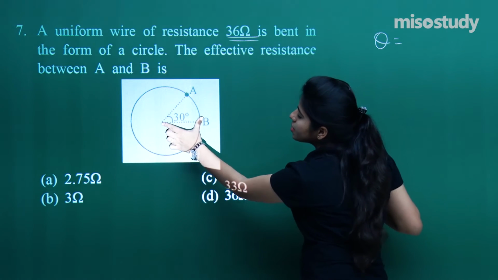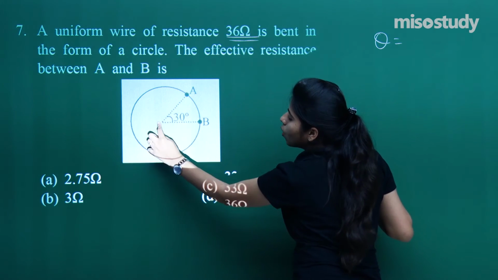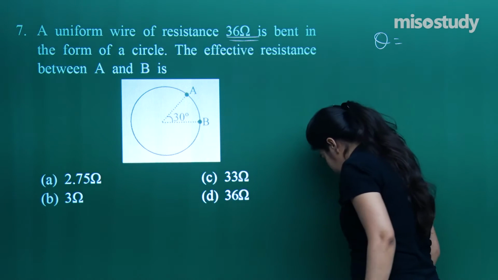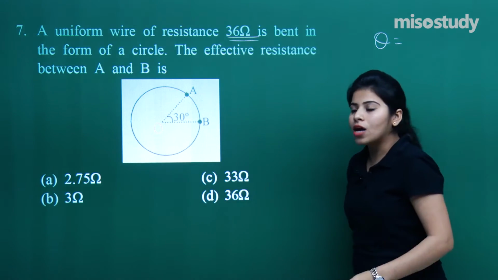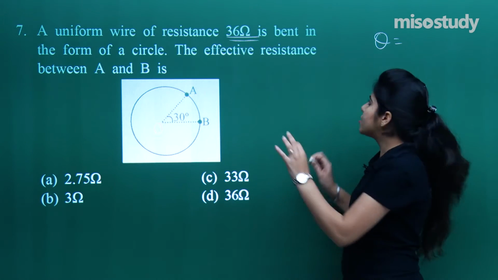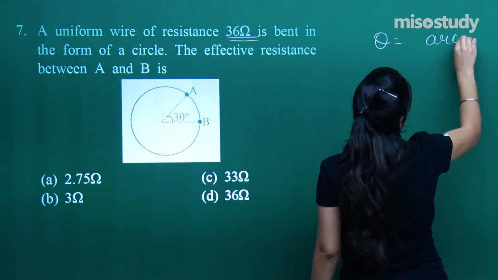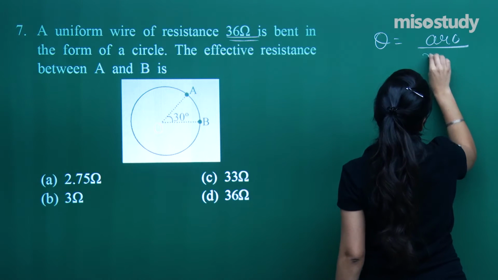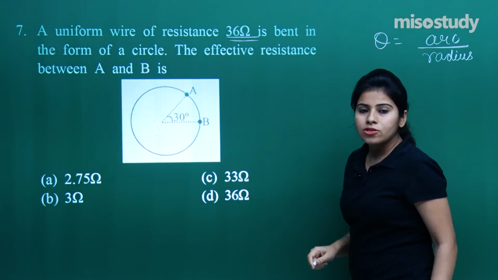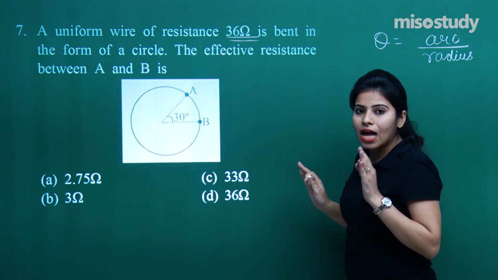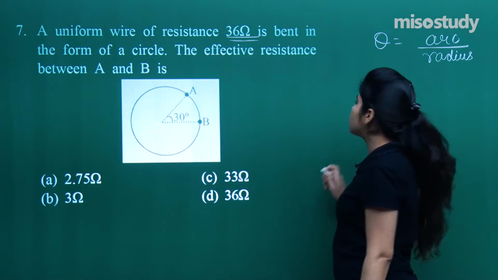Let me consider this portion, that is A, O, B. Let me say that this is O. Right? So now the length of this portion will be, theta equals arc upon radius. Isn't it? So now let me consider the radius as small r.